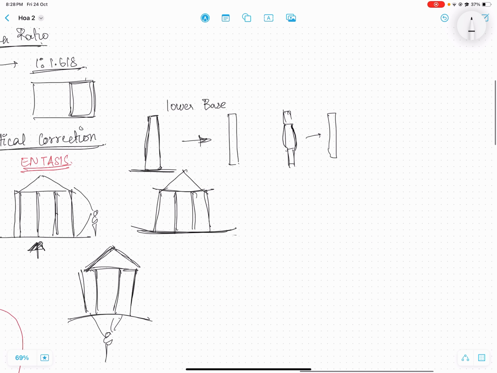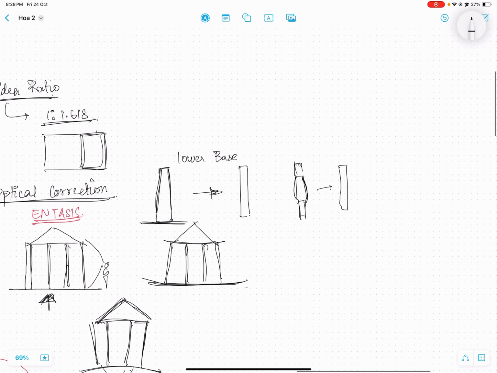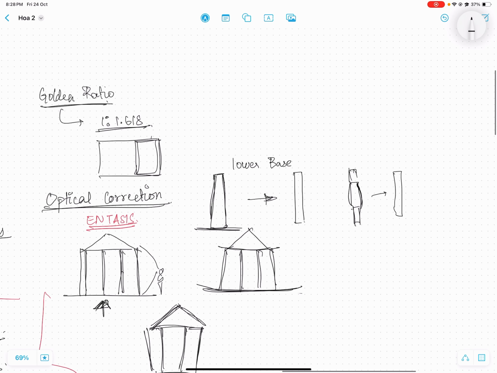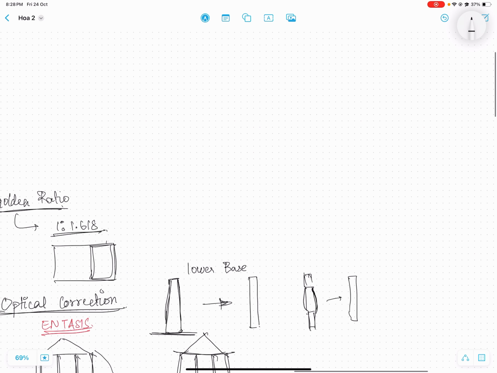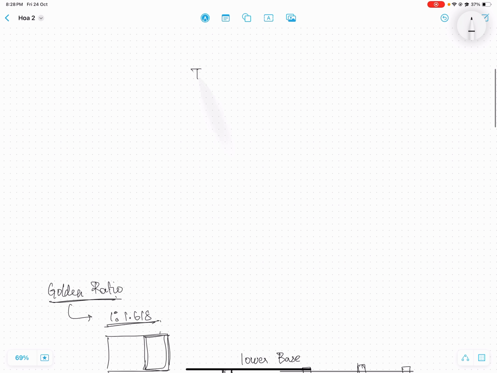Then we have naming of columns. So we'll look into columns later. First we'll discuss temples. So a typical Greek temple.